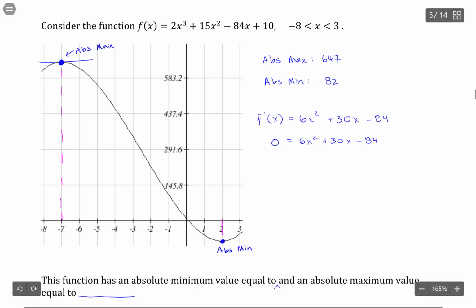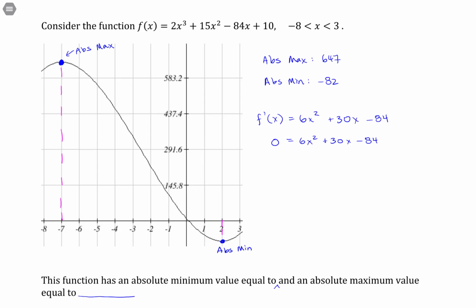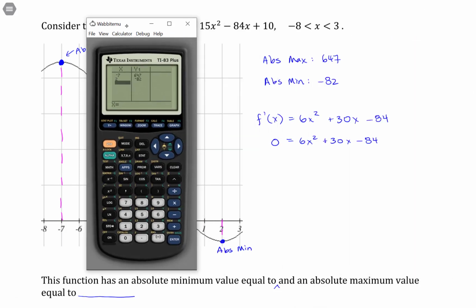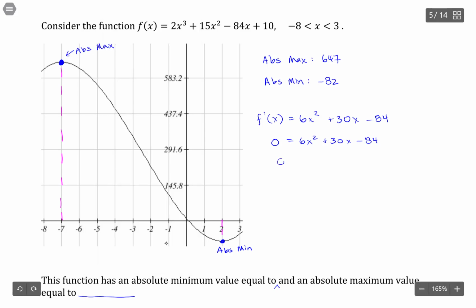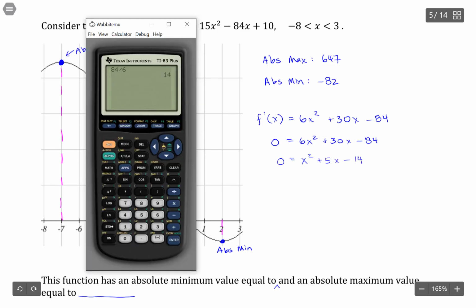So you could potentially factor this polynomial. Let's see, probably could do that. Let's try it out. Is 84 divisible by 6? Yes. All right. So this I could write as x squared plus 5x minus 14, I think I did.